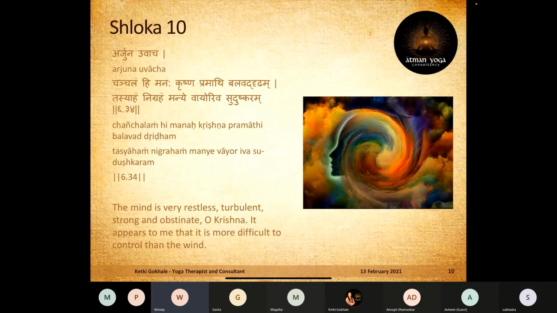Arjuna uvacha, chanchalam hi manah Krishna, pramathi balavadridham, tasyaham nigraham manye vayor iva sudushkaram.